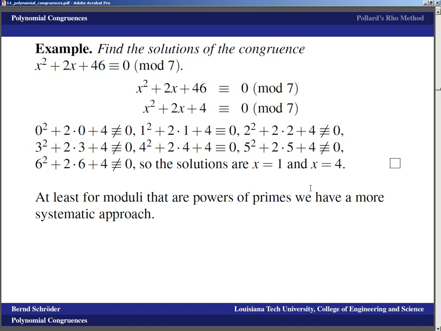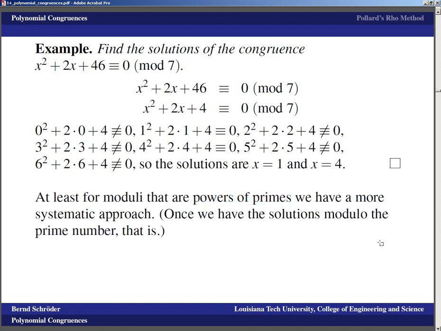Great. So thankfully, at least for moduli that are powers of primes, which is what the rest of this presentation on the polynomial congruences will be about, at least for those we have a more systematic approach. However, we first need to have the solutions modulo the prime number.